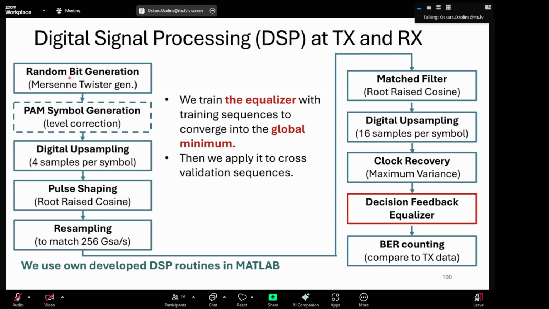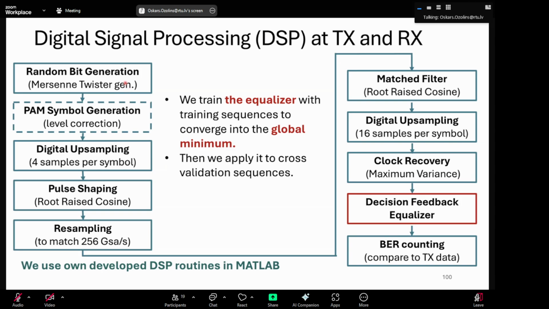What we do is first generate some random bits, and there we use this generator. I won't go too much into detail here, but just to give an idea that digital signal processing can be used both on the transmitter side and on the receiver side.